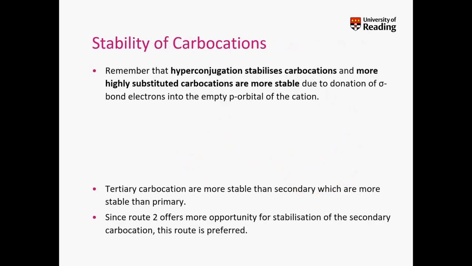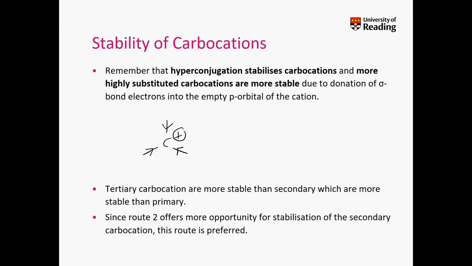So just to remind ourselves of why that is, remember that in a carbocation we have this hyperconjugation. So we have our carbon in the middle. Let's take a tertiary carbocation because that's one of the most stable ones. We can push electron density through these sigma bonds into that positive charge, and that helps to stabilize it.